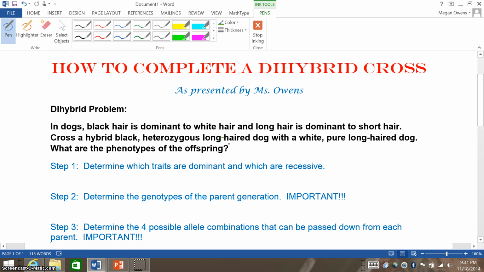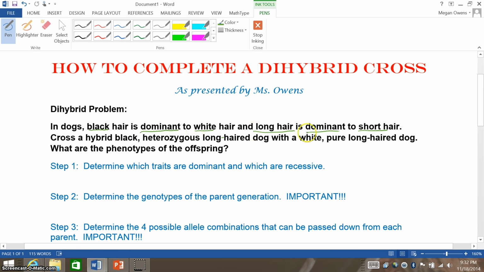Since there can be a lot of information in dihybrid problems, the first thing you want to do is sort through all the words and figure out what your dominant traits are and what your recessive traits are. So if you go back and read carefully, you notice that it tells you black is dominant to white and long hair is dominant to short hair.